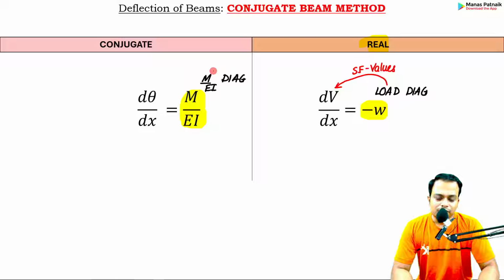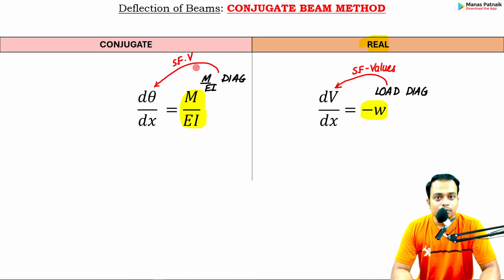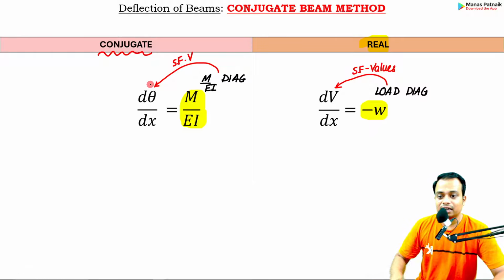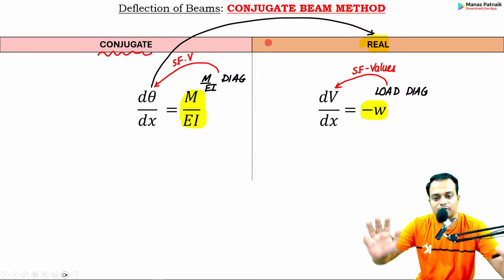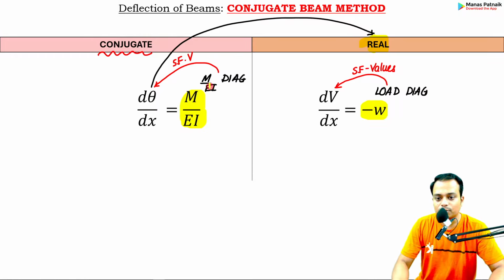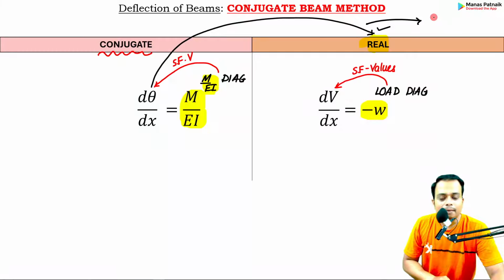In the same fashion, if you have the M over EI diagram, and if you know how to calculate the shear force value for the conjugate beam, what you will have finally is the slope for the real beam. That means if you have made the conjugate beam, if you have put the loading in the form of M over EI, and you calculate the shear force value at any given point, that shear force value actually qualifies as the slope for the real beam.